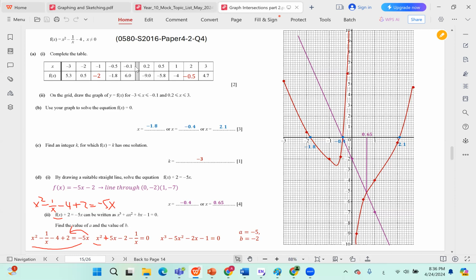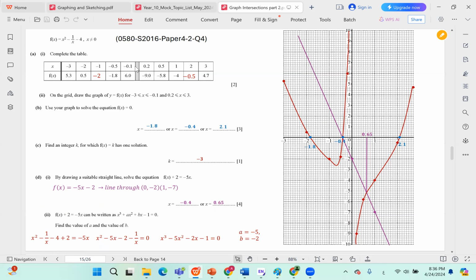So there seems to be a mistake here. So this should have been plus 5x. And then -4 plus 2 gives us -2. And we have the -1 over x as well. So let me just write this down so that you don't get confused. Let me resolve it at the top here.